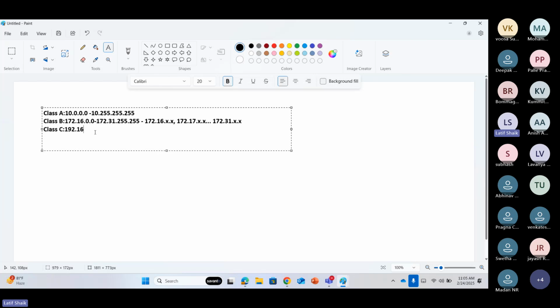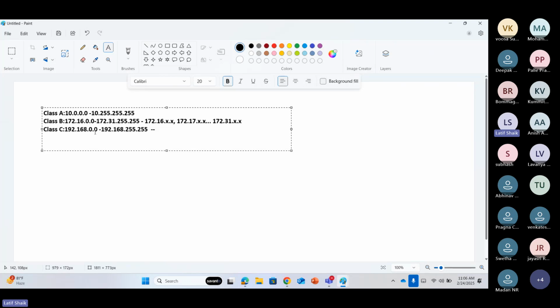In class C, the range is 192.168.0.0 to 192.168.255.255.